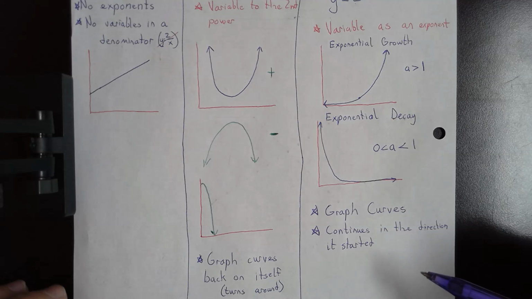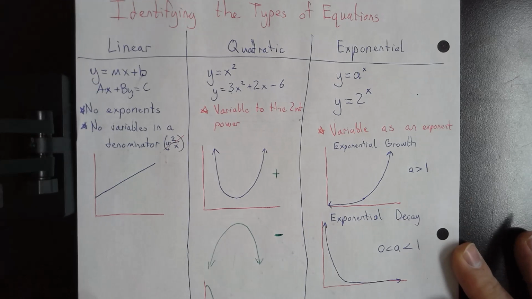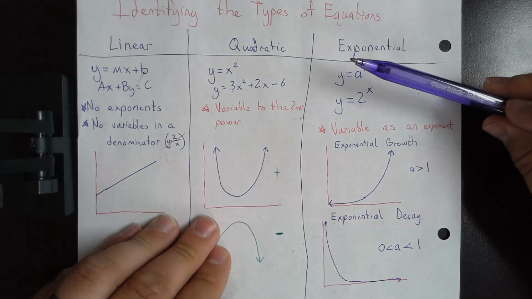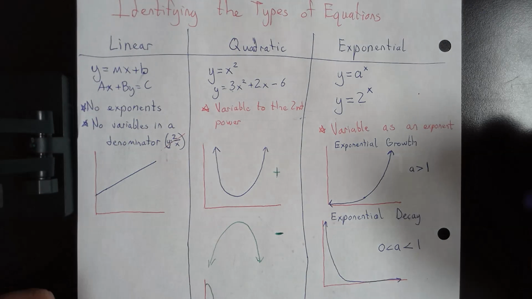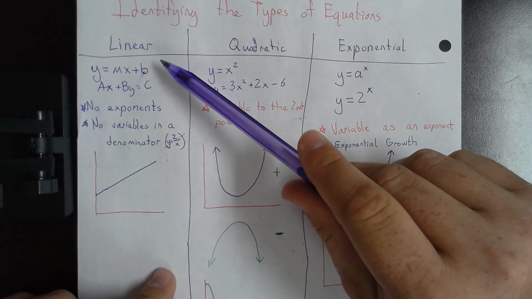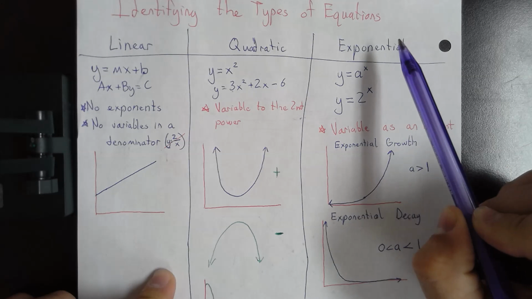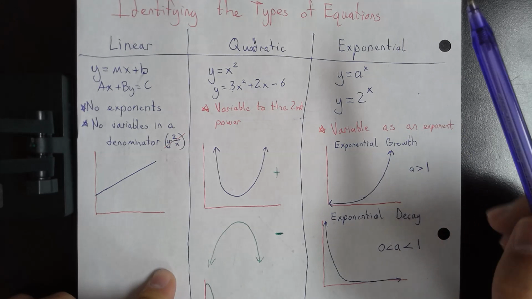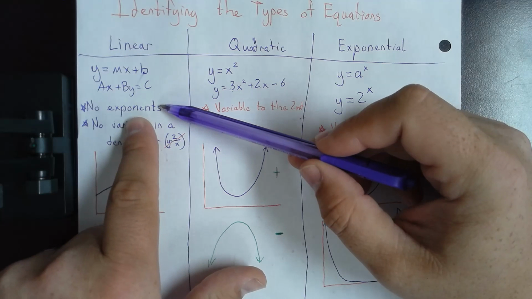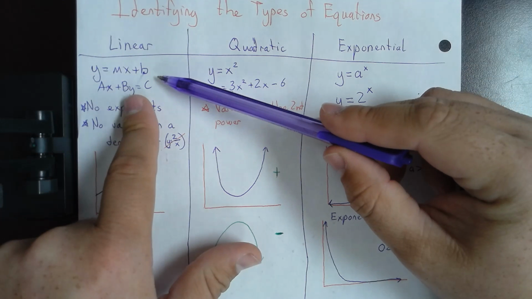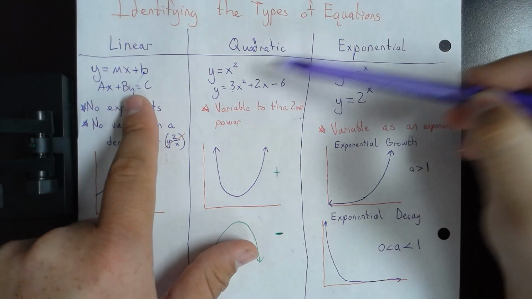Okay, so just a quick review. If we are looking at the equations and we're trying to decipher which type the equation is, the things we look for is first if there's any exponents. If there's no exponents, we know it's linear, because all quadratic and exponential both have exponents.